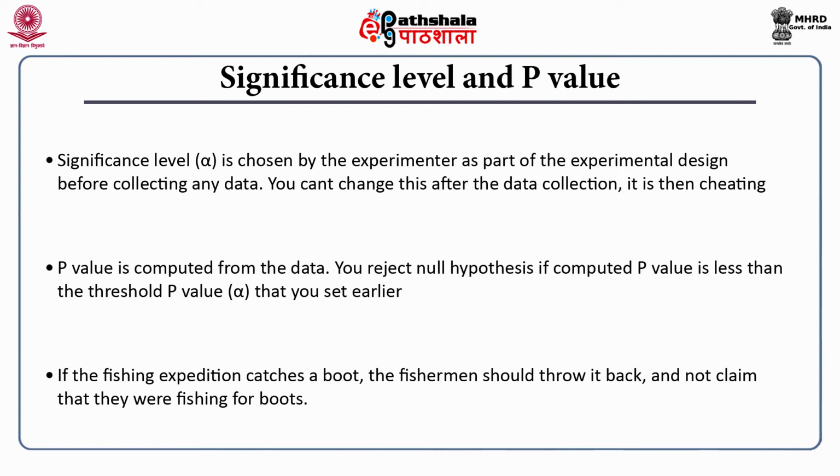For example, they choose 0.05 and do the experiment, and then they got a higher value. Instead of 0.05, they got like 0.3. Then they say later that the significance level they chose was not really 0.05, but instead 0.5.